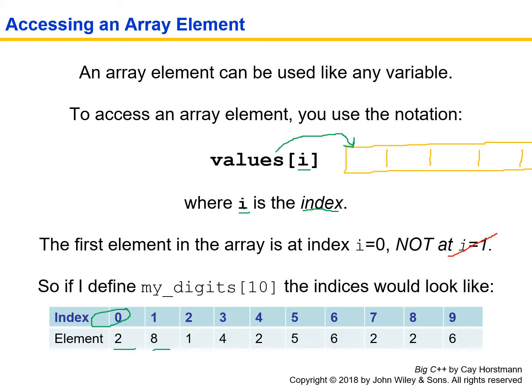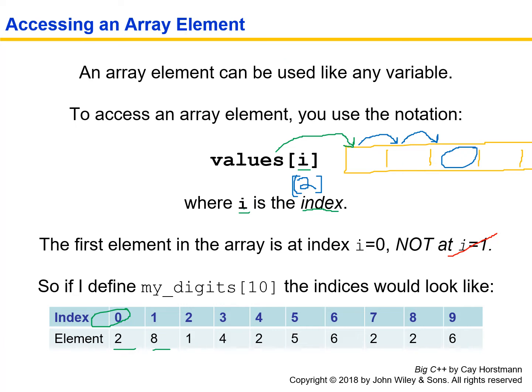And then the number inside the square brackets acts as what we call an offset. So if I put values square bracket 2, that would tell C++ to jump forward 1, 2 spaces and look at the value in this memory box. Well, that happens to be the third memory box, but it's got index 2.